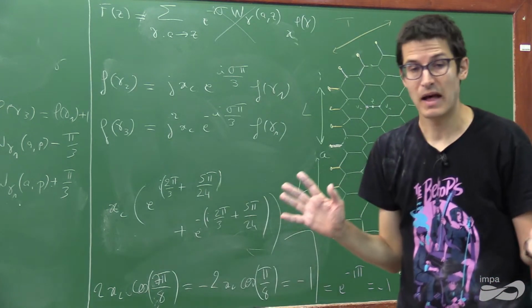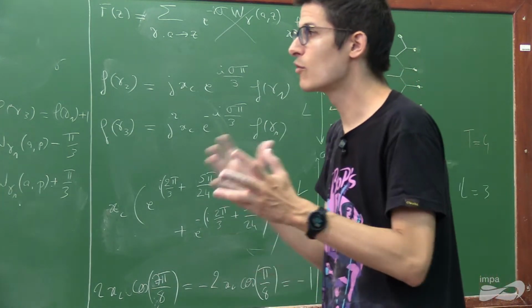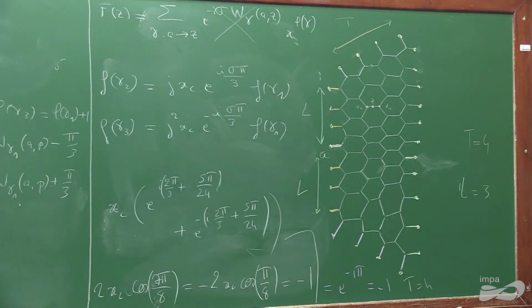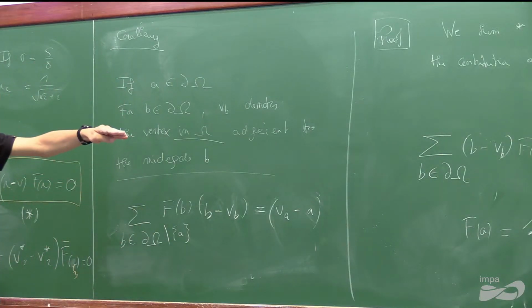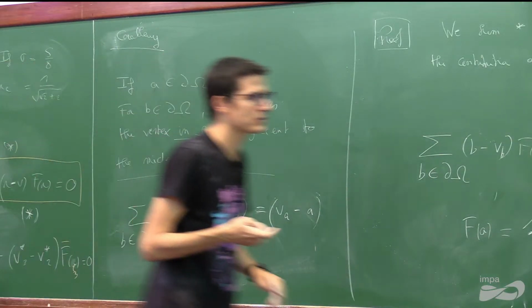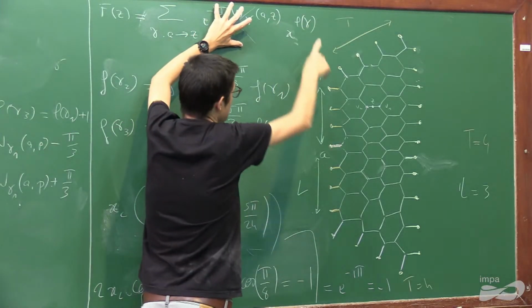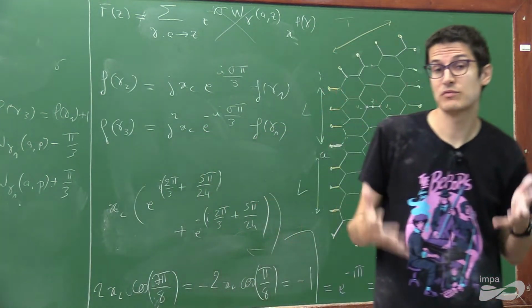It turned out that altogether, this gives you a positive contribution. So basically, the sum of the number of paths, apart from some factors, you have that the sum of x to the length for all these paths is equal to 1.